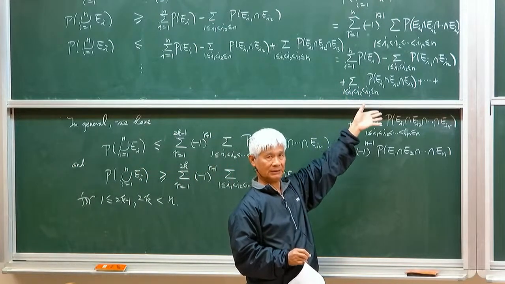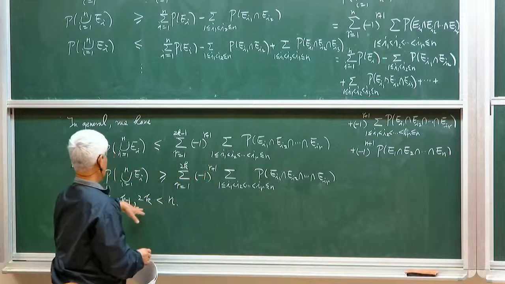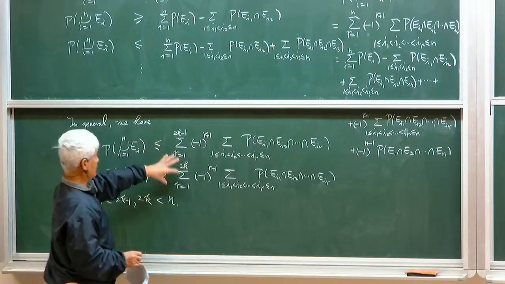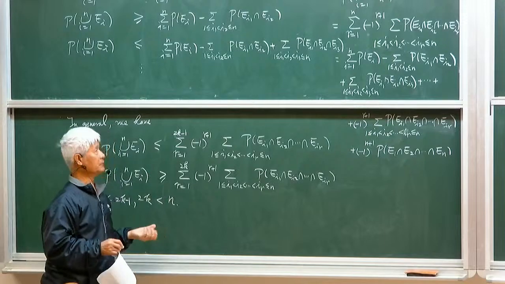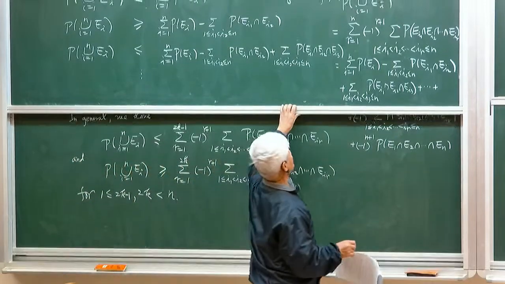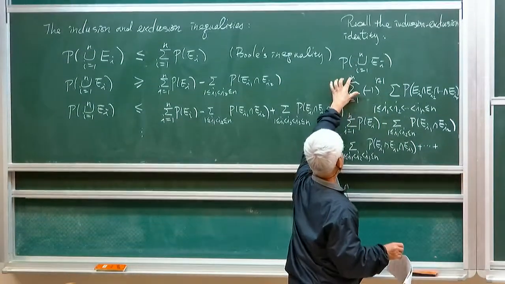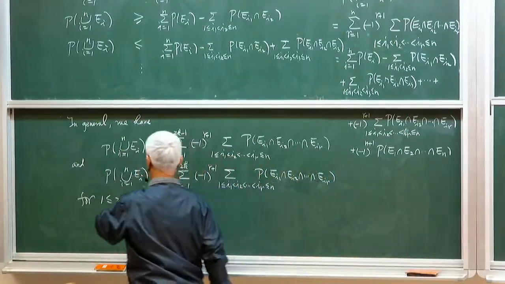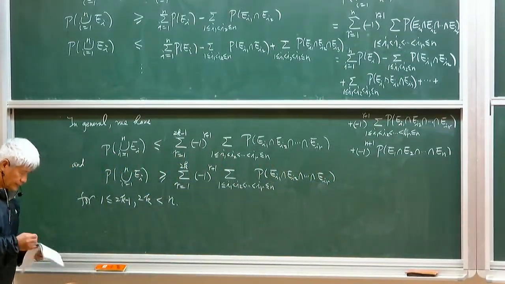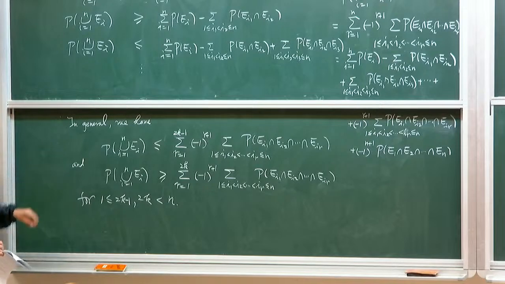So whenever the sum is not a complete sum like in this identity, then you will get an inequality. So that's the general expression you have.